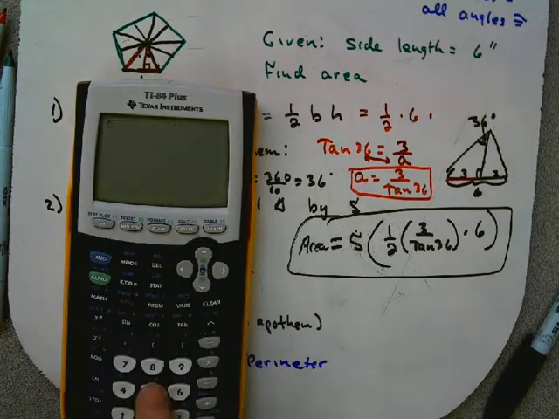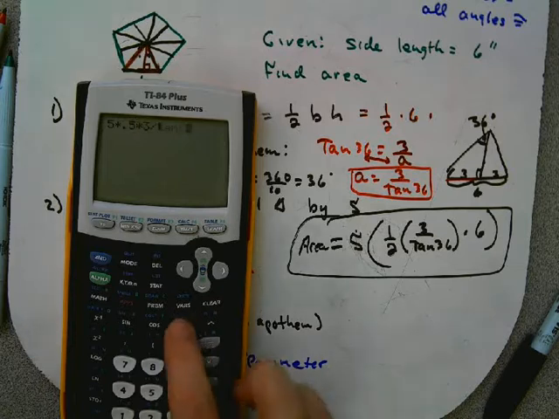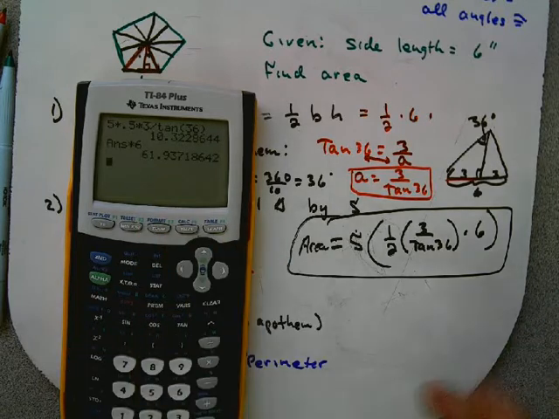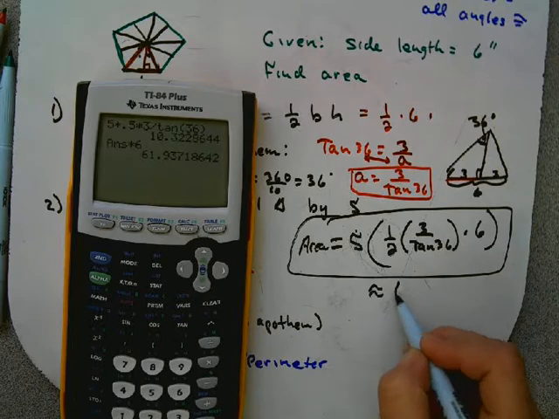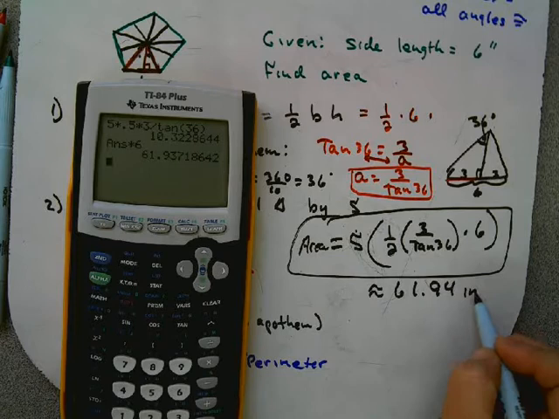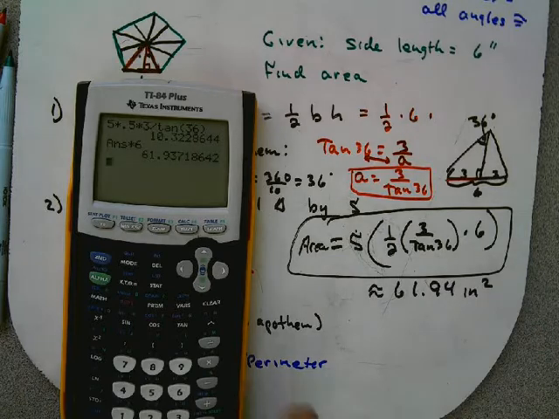I'm good. 5 times 1/2 times 3 divided by the tangent of 36 degrees. I'm going to do that, and then times 6 so I don't end up with a fraction in the denominator. And there would be my area, approximately equal to 61.94, and I had inches, so that would be square inches.